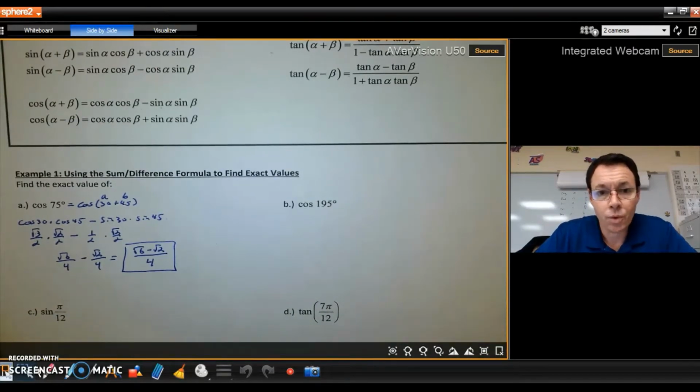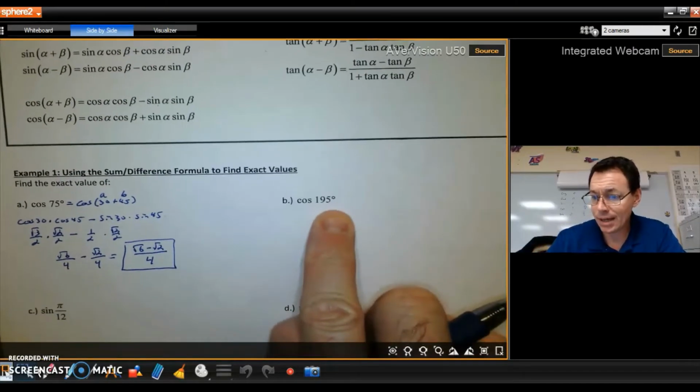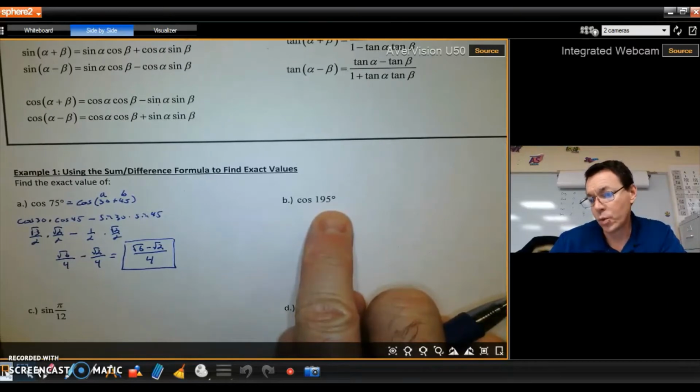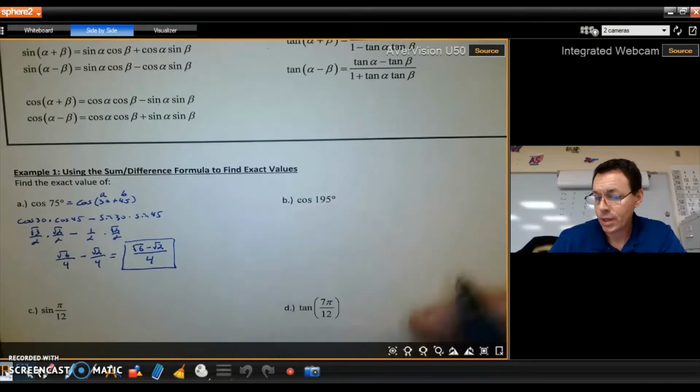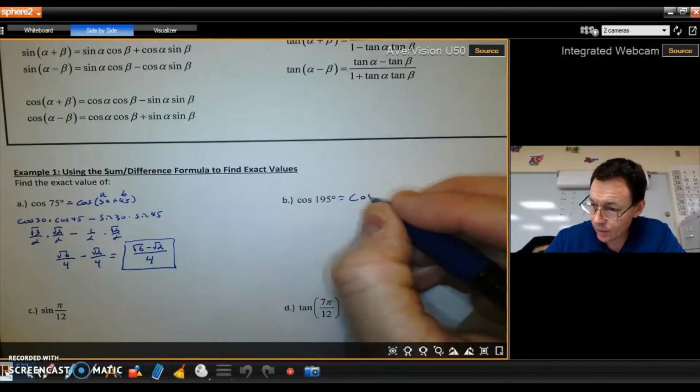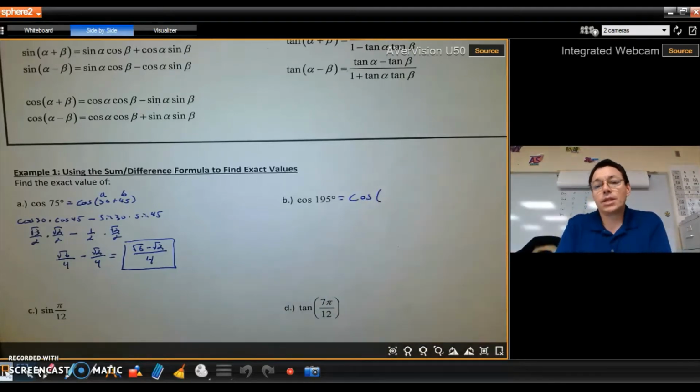So 195. I've got to come up with a way of rewriting 195 into two angles that either add or subtract to equal 195. Now, the easiest one that I can think of, you don't have to write this down because I'm not going to do this, is 150 plus 45. 150 and 45 would add up to 195. 150 has a reference angle that's on our chart, and 45 is on our chart.